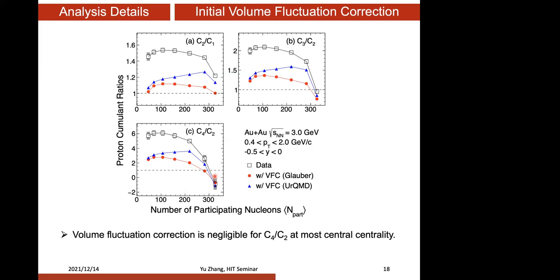You can also do this toy model. Then yes, you would always get less than unity if it's the only effect. As you can see, the transport model is above 1. So that means that baryon conservation is not the only effect and it does not drive the behavior of C2 over C1. But I want to understand why it drives C4 over C2, but not C2 over C1.